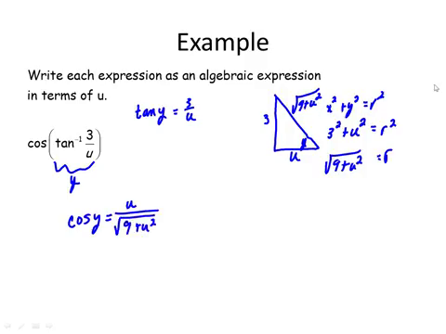And this is where I want you to go to your formulas. Look at your chapter 8 formulas. Notice where you have derivative of sine inverse, derivative of cosine inverse, derivative of tangent inverse, and derivative of secant inverse. Well, I can bring that u out front, and you're going to have 1 over the square root of 9 plus u squared. Right? I can rewrite that as... does that look familiar to you? Does that look like anything on that sheet?